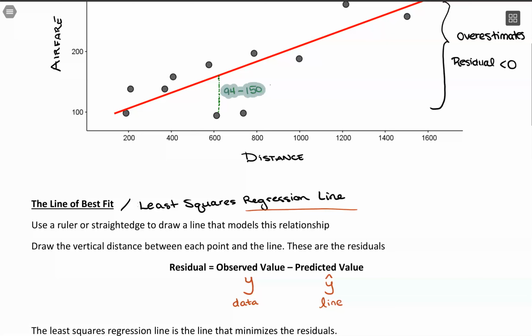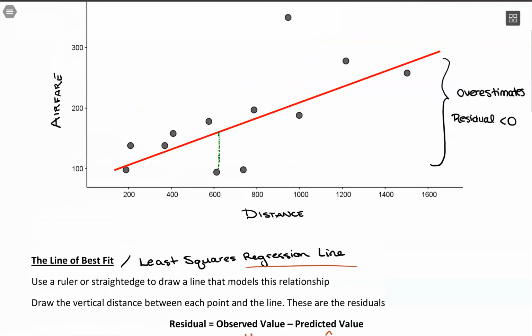If our values are landing above the line, like let's say we're here near 1200, which this must be Dallas. So we have Dallas here, which had an airfare of $278, and then just comparing it to what we're predicting, which in terms of a prediction, let's say it's like 210.